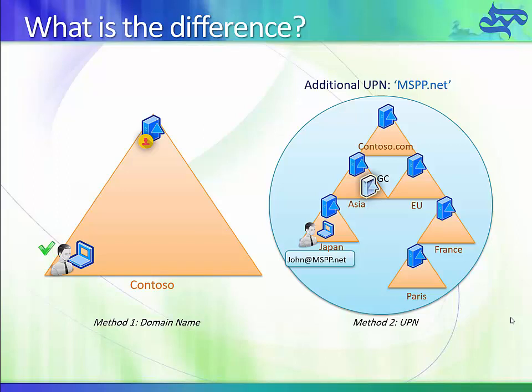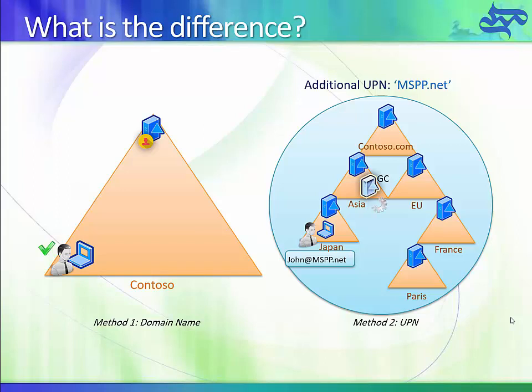So from now on, because we don't know who we should send the user account to, in the background this authentication package will be sent to the global catalog, and the global catalog will search through its records. Since the global catalog has a replica of all the user accounts, all the computer accounts, and actually every object in the forest, it will be able to understand where this user resides.